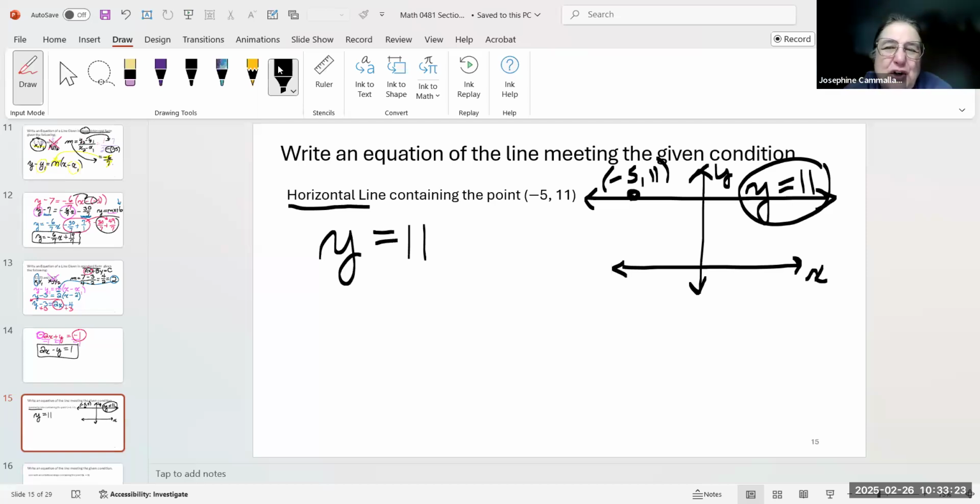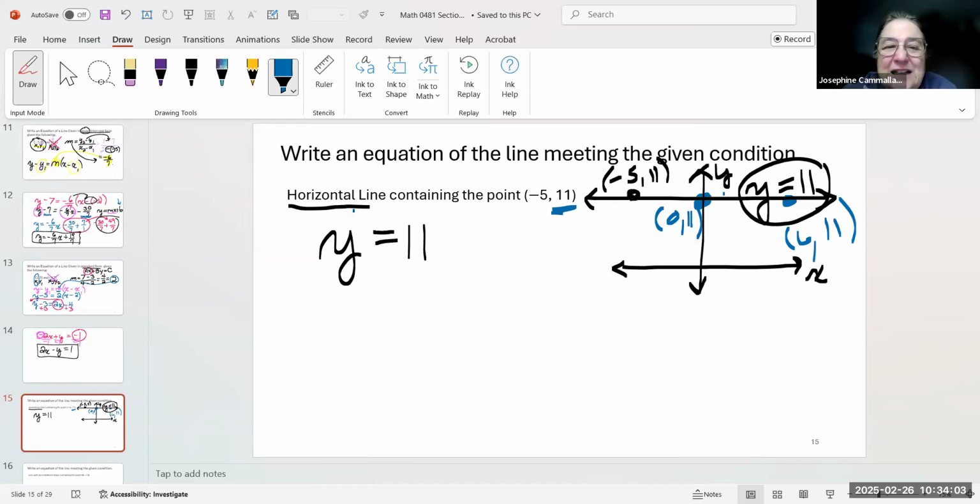If you look at the picture, think about it. What would this point, the blue point, be? 0, but it's got to be 11. If I pick a point over here, this can be 6, but it's got to be 11. And also, if you recall, a horizontal line has a 0 slope.